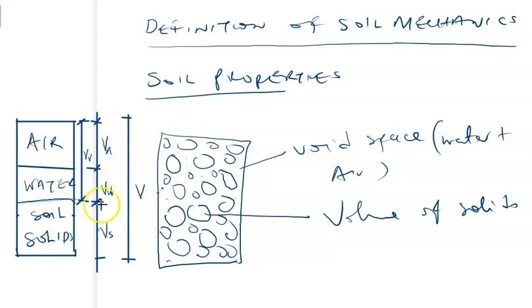So we add the three: this volume of void plus volume of solid, whatever is remaining here, gives us the total volume.